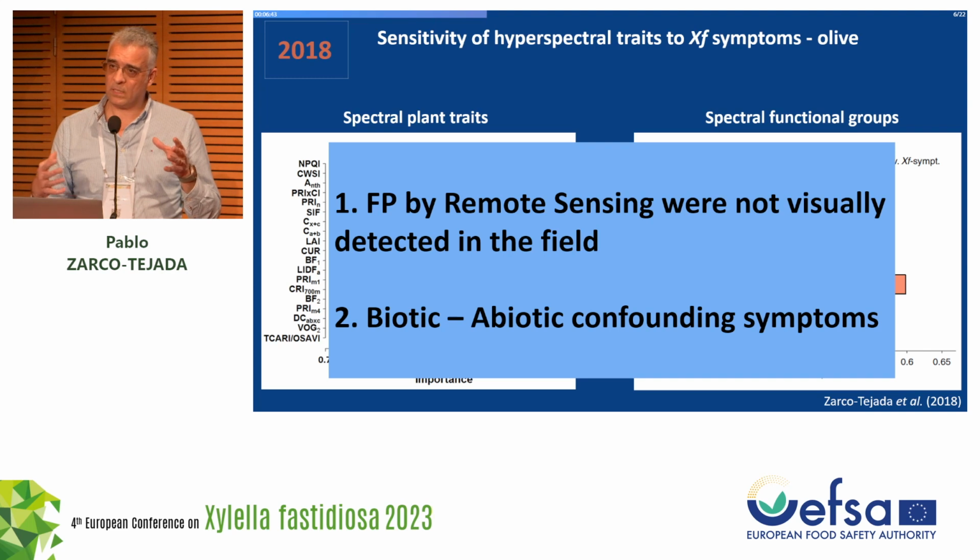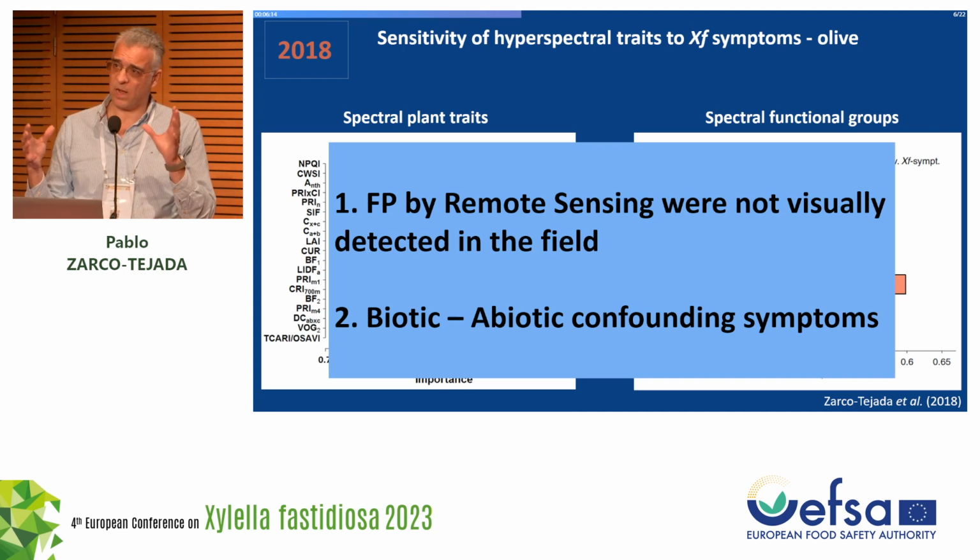One of them is that we demonstrated, with a series of revisits in the field, that the false positives that remote sensing was claiming about infected trees were missed by the field crew. They were not visually detected in the field. Therefore, as published in the paper, we could detect the induced symptoms at earlier stages, several months in advance.